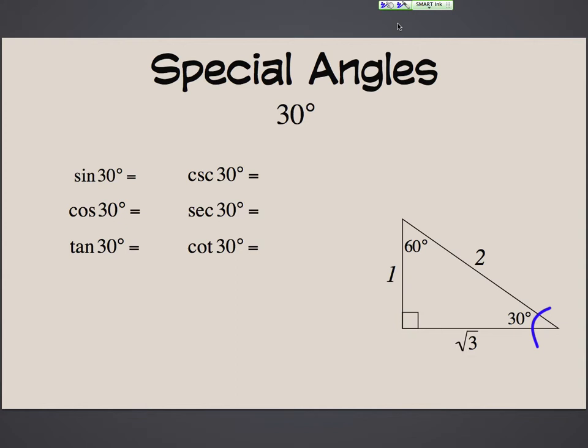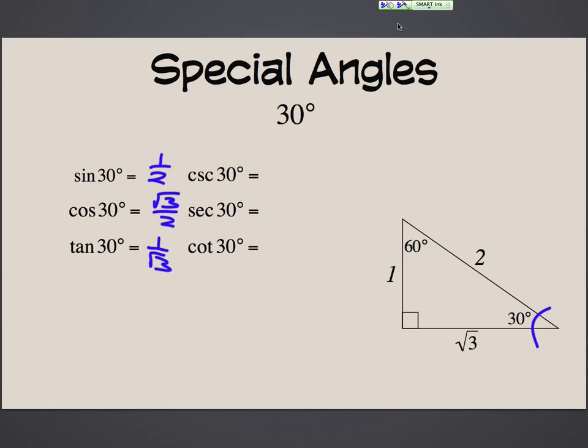If I start with sine, what's the definition of sine? Opposite over hypotenuse. So that makes it 1/2. What's the definition of cosine? Adjacent over hypotenuse, so that makes it radical 3 over 2. Once I know what sine and cosine are, do I need my triangle anymore? No. What does that make tangent? 1 over square root of 3.